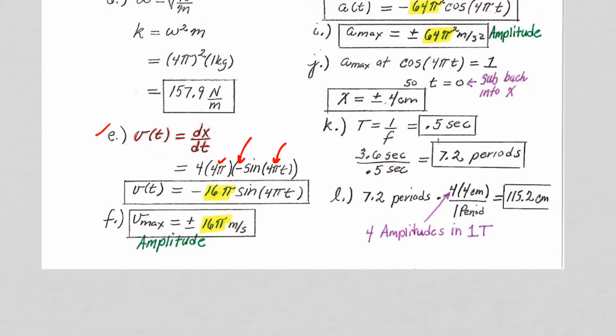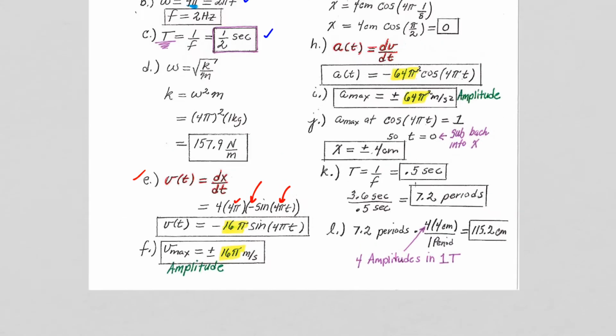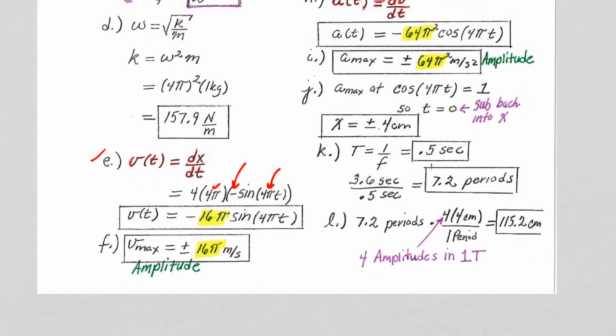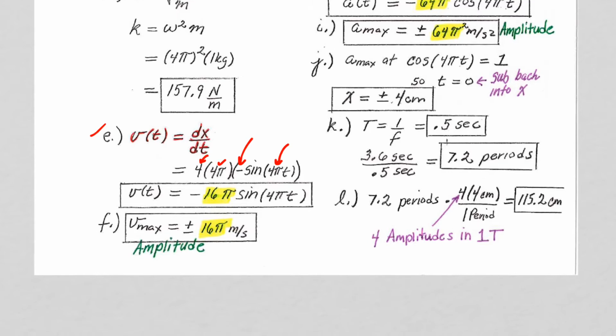The 4 was the amplitude that we started with, the 4 centimeters. So we get our velocity equation, and then f, the amplitude of our velocity equation, is simply whatever sits out in front of the sine function. And technically that should be centimeters if I left the 4 as 4 centimeters.